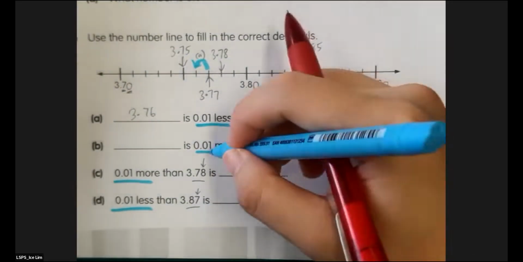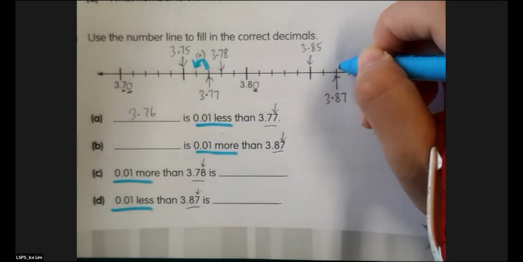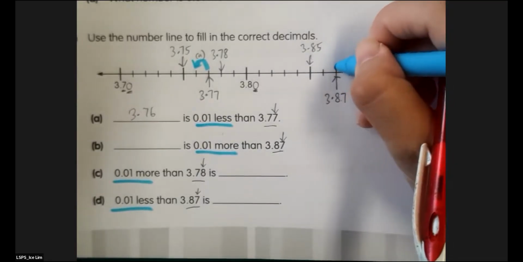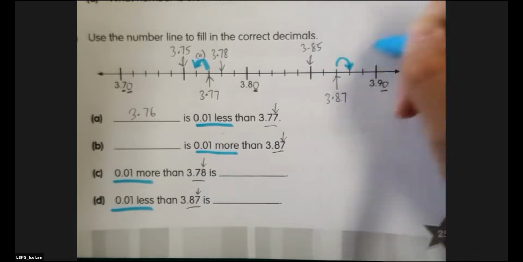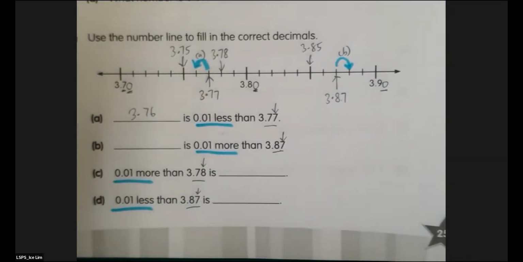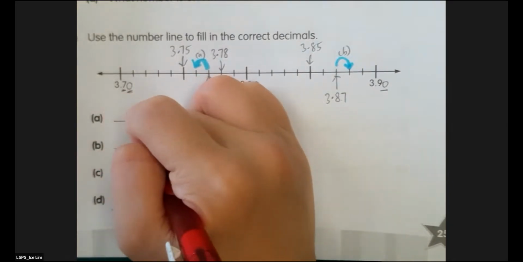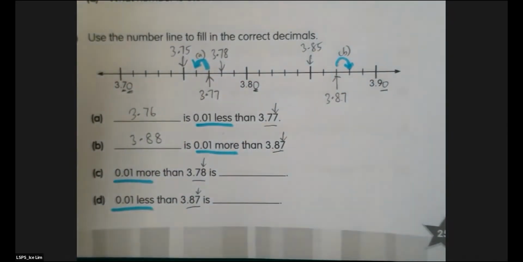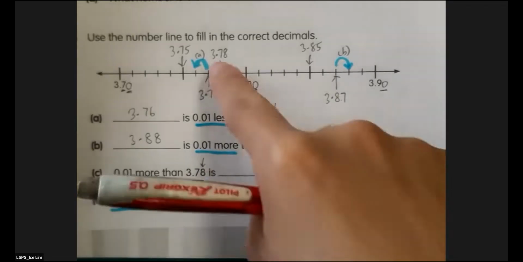B, 0.01 more than 3.87. And I got 3.88. Is that correct? And then I have C, 3.78.